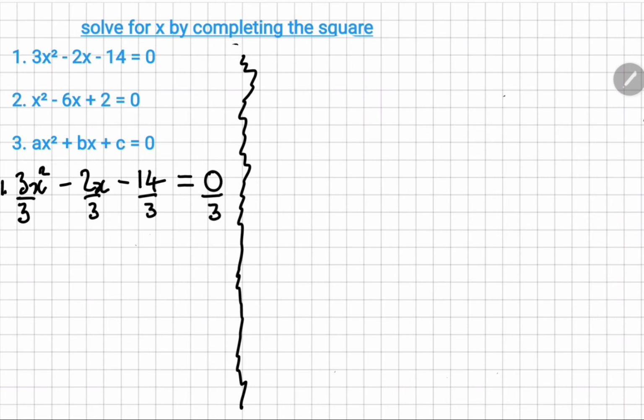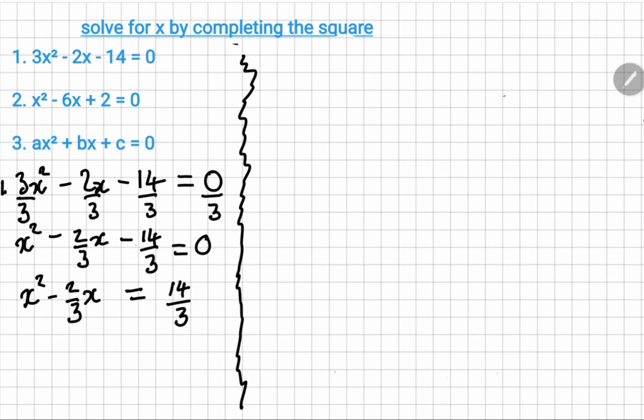I'm going to remain with x squared minus 2 over 3 x minus 14 over 3 now equal to 0. Move the 14 over 3 to the right. x squared minus 2 over 3 x is now equal to 14 over 3.